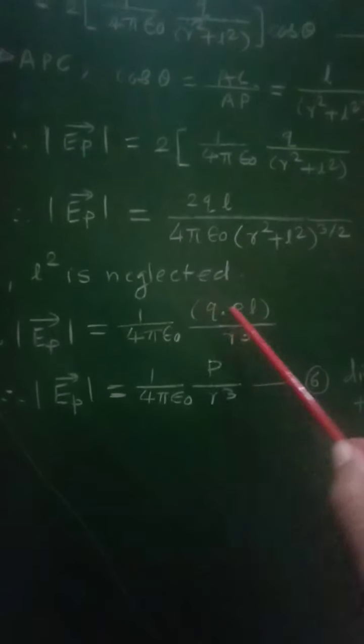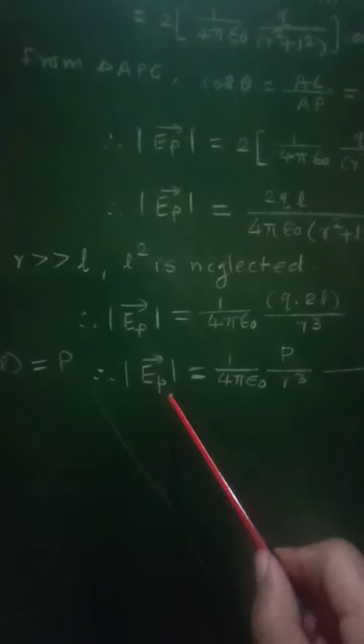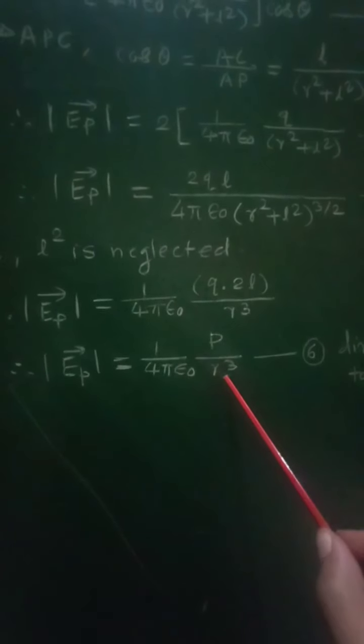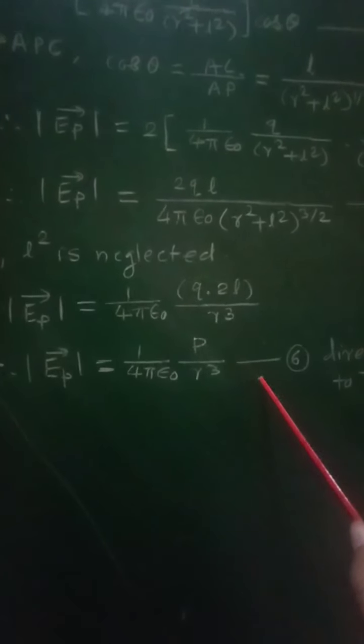But this q into 2L is the electric dipole moment P, and therefore at last we can write the magnitude of vector EP will be equal to 1 upon 4 pi epsilon 0 P upon r cube, equation number 6.